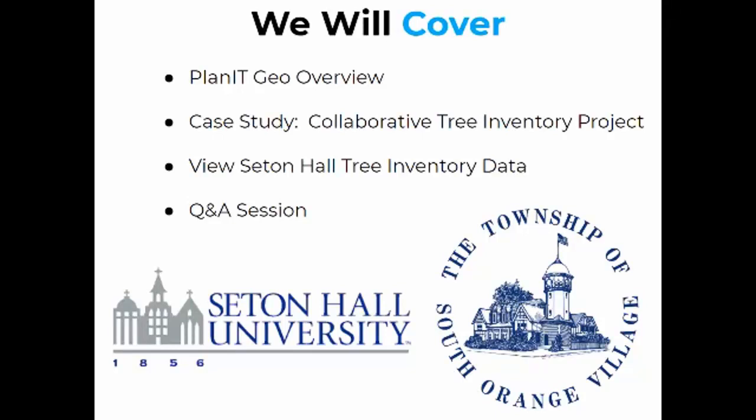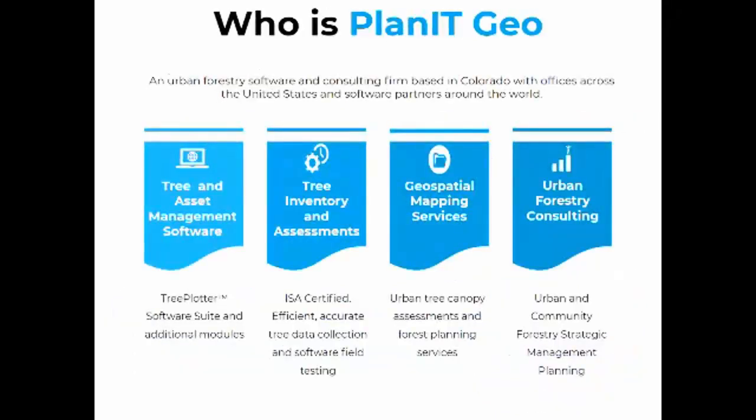So again, just a quick overview of who Planet Geo is. We're an urban forestry software and consulting firm, so a company who focuses on urban forestry and technology, based in Colorado, but several of us, including myself, I work out of California. We're kind of spread out throughout the country in different offices. One of our core products is tree asset and management software.